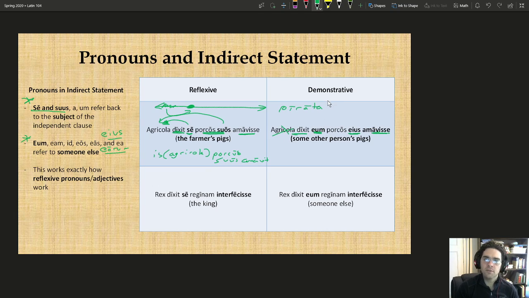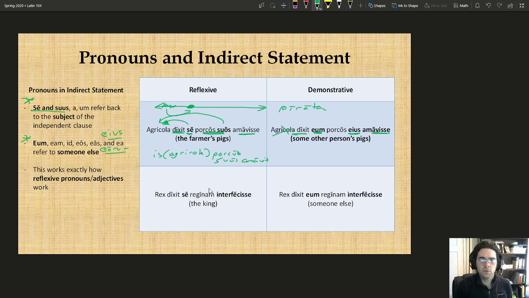So if we had something like piratam earlier on or at some other point in the sentence, then this could naturally reflect back to this pirata. The pirate wasn't the one who said this statement. It's the farmer who said it, but the relationship is still there. So that's basically the idea to how this works.